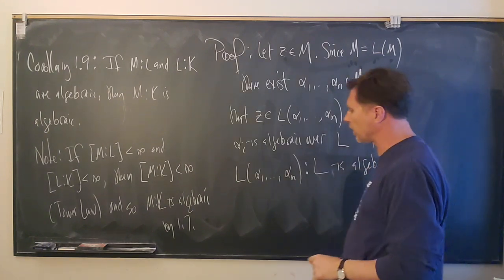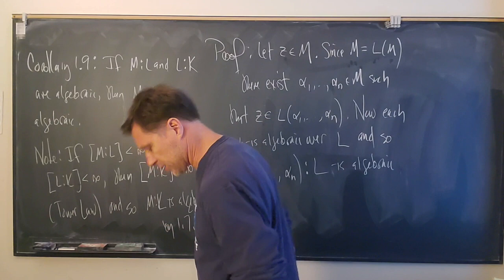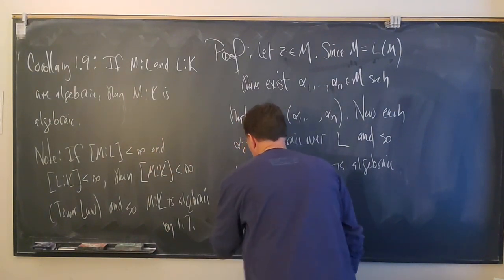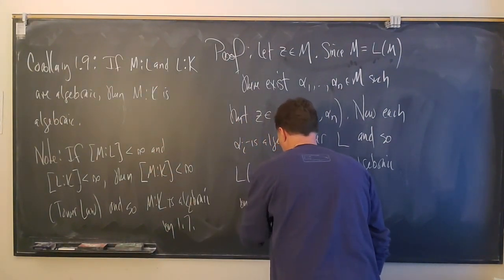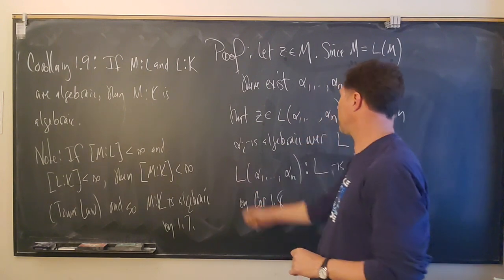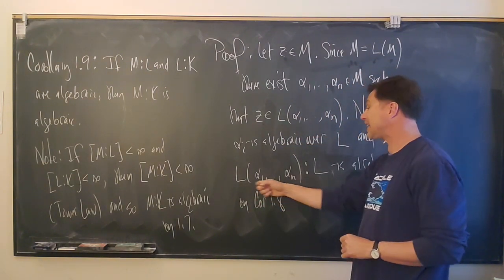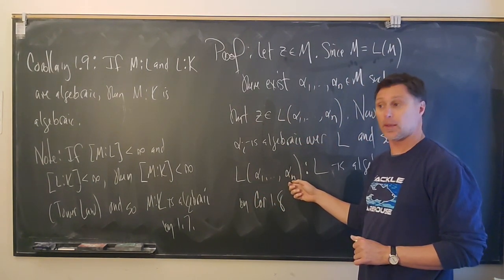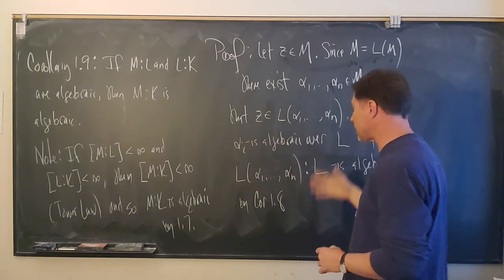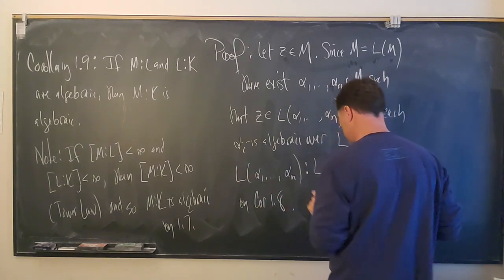This is by corollary 1.8, which says if you start off with a field and adjoin any collection of algebraic elements, then the resulting extension is algebraic.